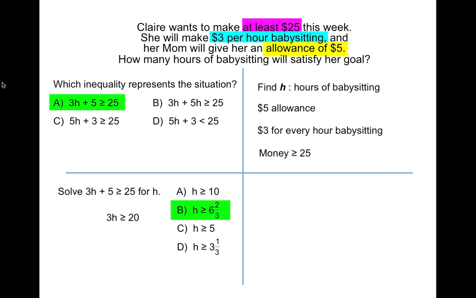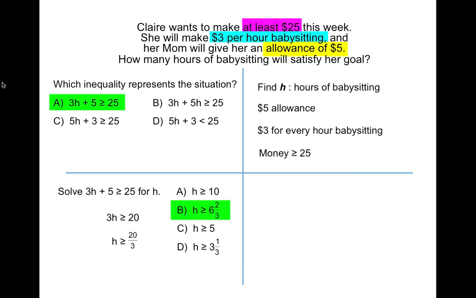But in this case, we just subtract 5 from both sides, so 3h is greater than or equal to 20, and then divide both sides by 3, so the number of hours is greater than or equal to 20/3. 18/3 would be 6 hours, so 20/3 is 6 2/3 hours.